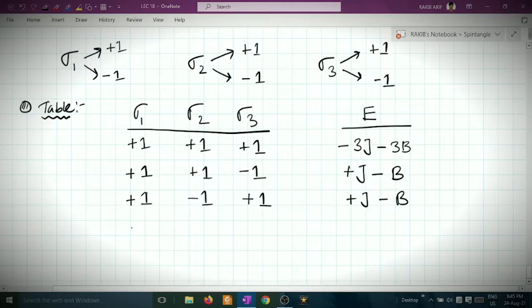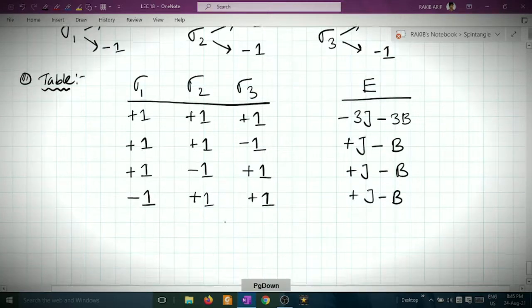And now you were supposed to take sigma 1 as minus 1, sigma 2 is plus 1, and here it is plus 1. Okay, and the same value will appear, j minus b.